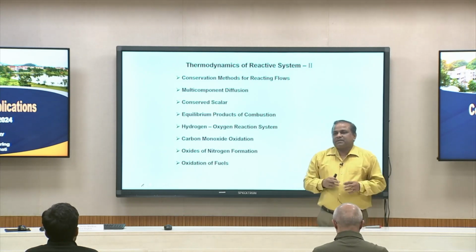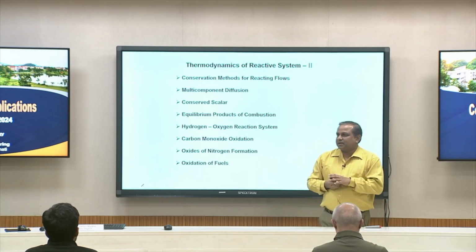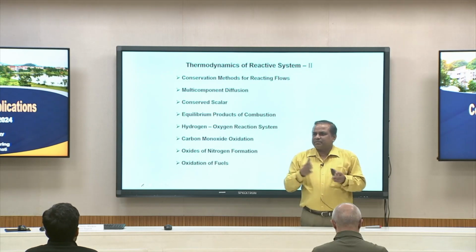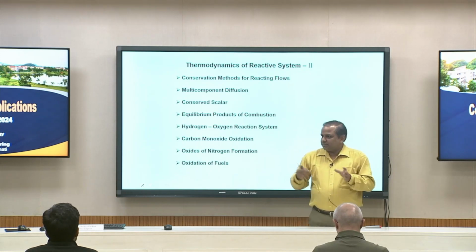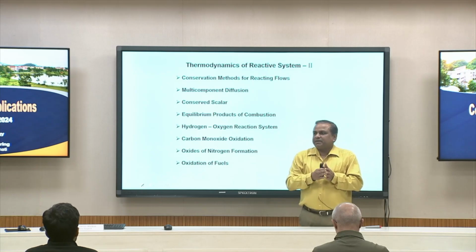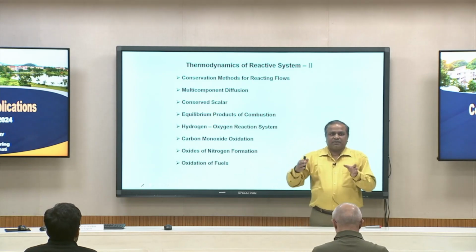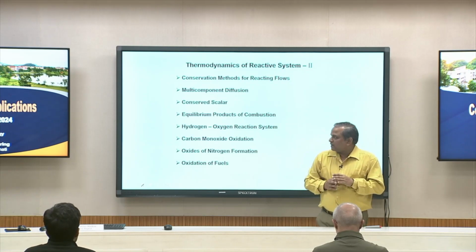So previously I told you about this equivalence ratio phi, and this equivalence ratio phi changes, depending on the flammability limit and combustion, from 0.8 to 1.2 in a typical engine environment.